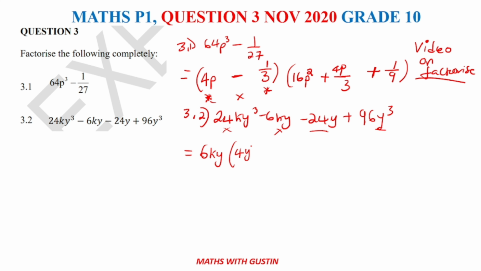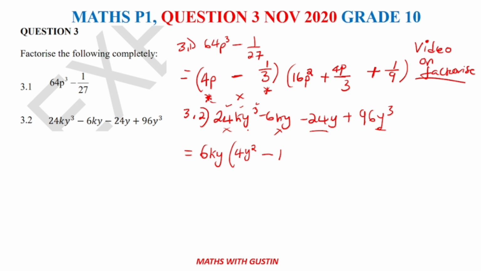Let me check. 6 times 4 gives us 24, which is good. K times 1 is going to give us k. That's correct. Y times y squared is going to give us y cubed. Correct. So far so good.